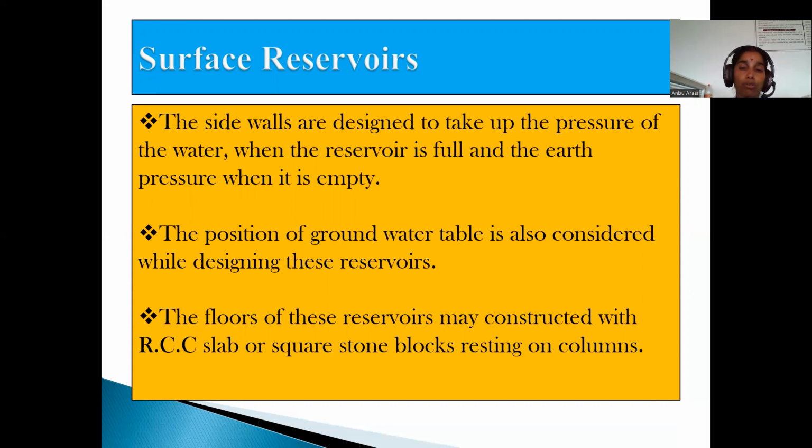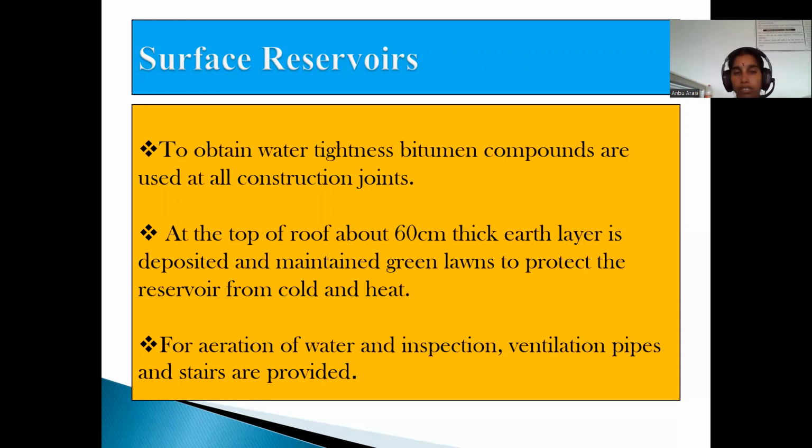The position of the groundwater table is also considered while designing these reservoirs. The floors of these reservoirs may be constructed with RCC slab or square stone blocks resting on columns. To obtain water tightness, bitumen compounds are used at all construction joints.